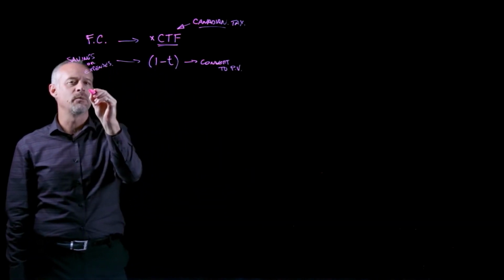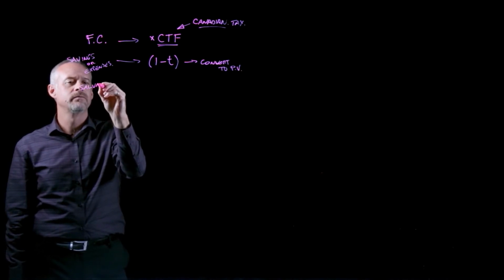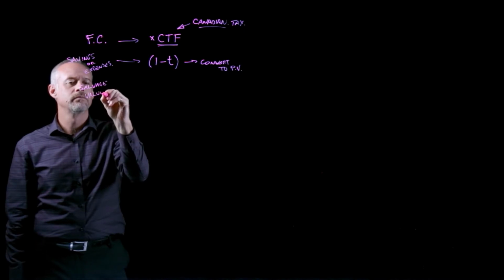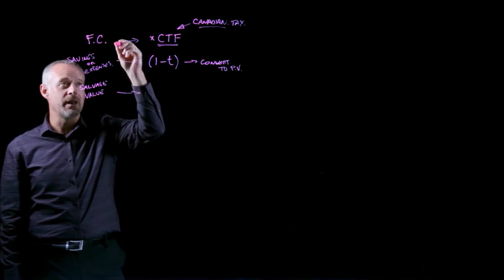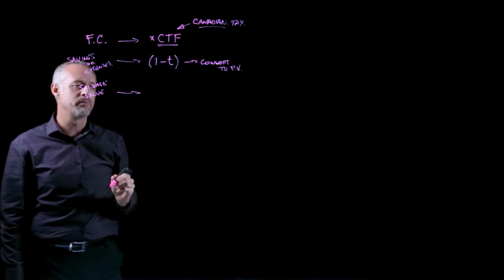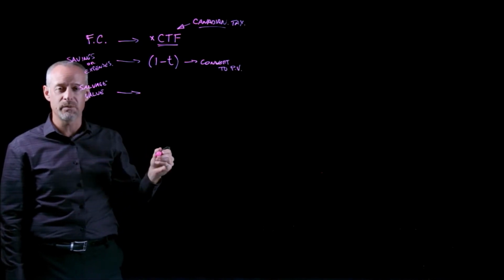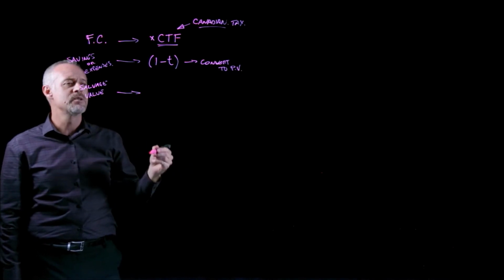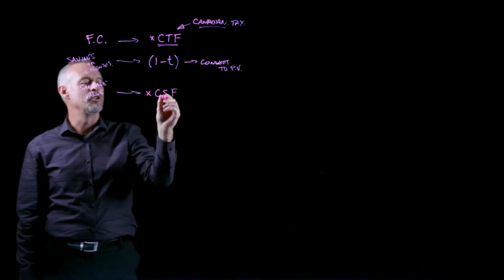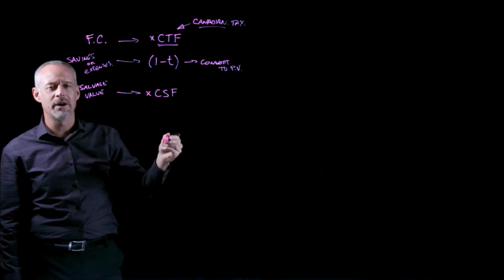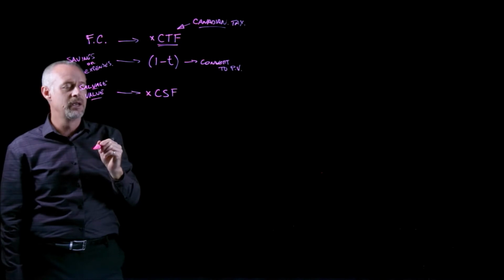And then the last thing I want to talk about is the salvage value. Now, if you think about the first cost and then having an associated tax savings in the future, the salvage value also has implications related to the depreciation expense and the resulting tax savings. So we have something called the capital salvage factor, which incorporates that loss of future tax savings that we don't have anymore because we've disposed of the asset.